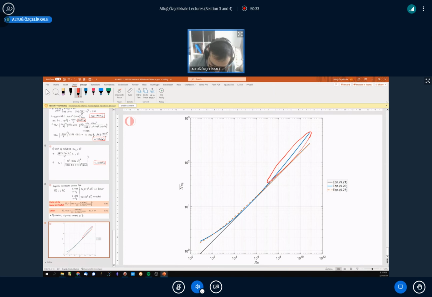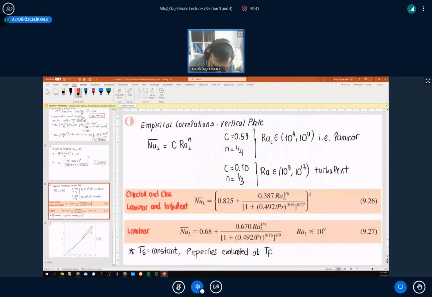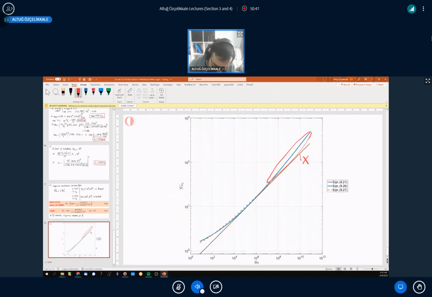Therefore, this part of this correlation should not be used. The gray line and the orange one, we cannot use them in the turbulent flow regime. This correlation is for laminar, and the other, the similarity solution, was clearly for laminar. So we are using blue here.